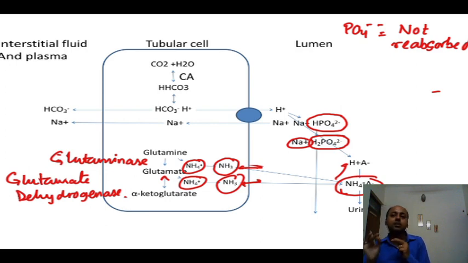So these are the three mechanisms by which the kidney is able to provide the buffering action: reclamation of bicarbonate, excretion of H plus, and the production of ammonia.